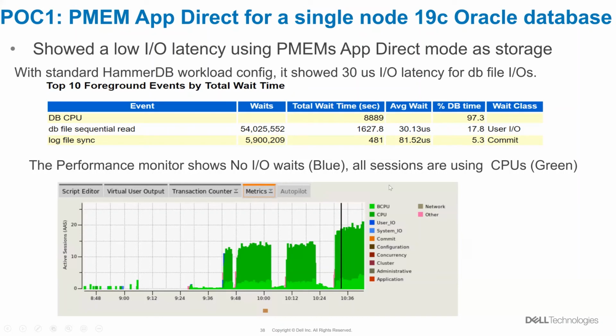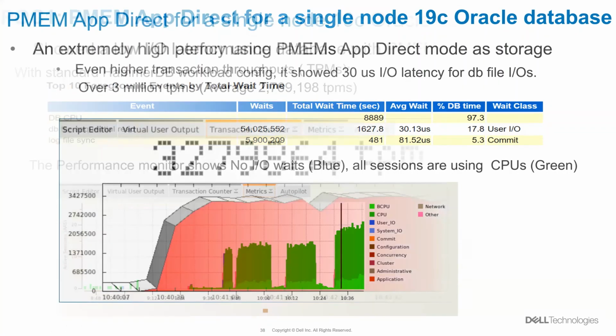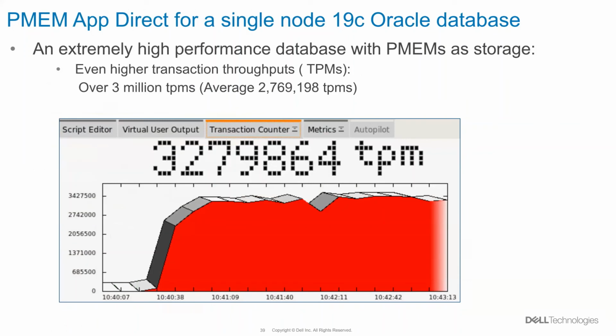As a result, you can see that the database CPU was fully utilized. Previously it was 3%. Now it is 97%. Which means by cutting the I/O latency, we're able to achieve a much higher throughput.